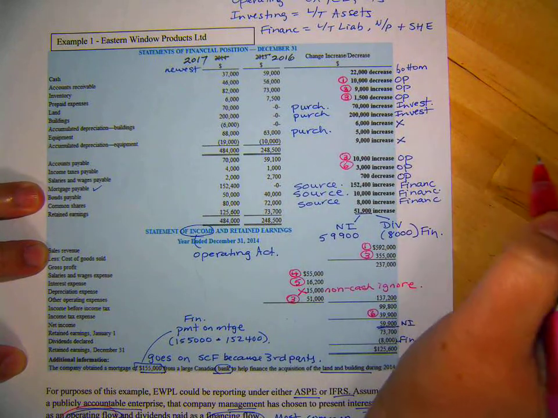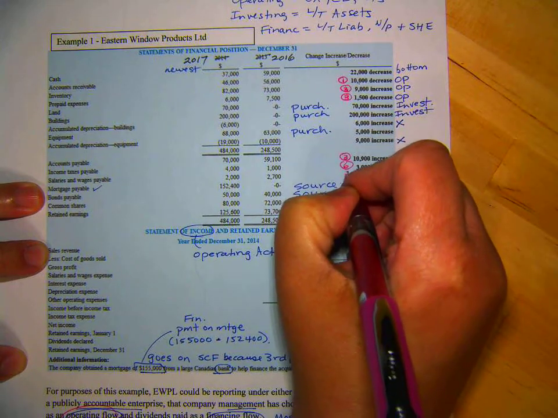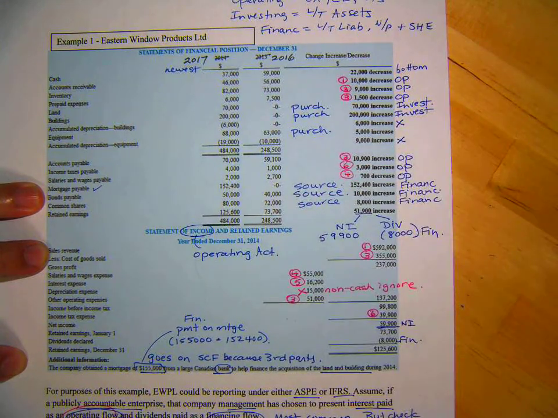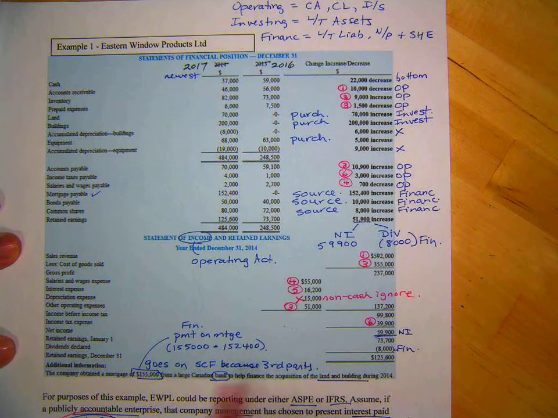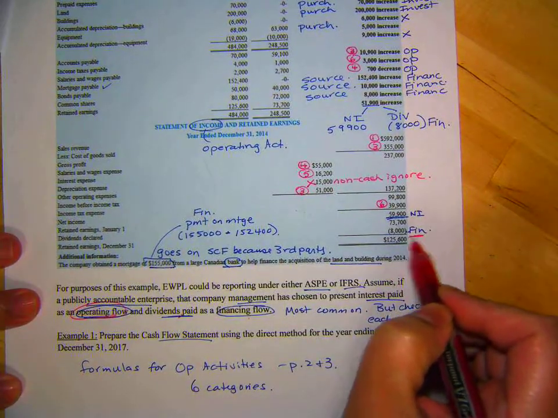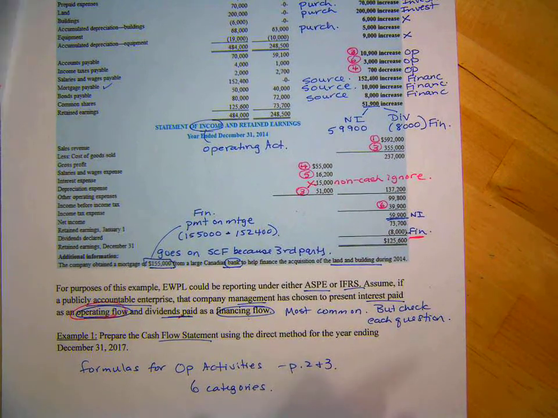And salaries and wages payable goes with our employees, so that's in section 4. So we've got all our pieces identified. Looked at the key additional information. So we know dividends goes in financing. And we're ready to put the statement together.